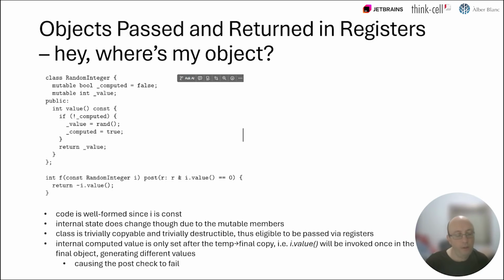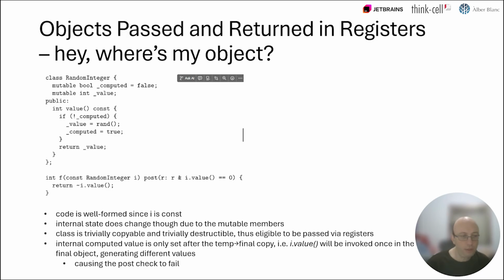So here we have an admittedly exotic, but not quite entirely far-fetched example. We have a class RandomInteger. It has two primitive members and only one function. Now the members are mutable, so the one function, even though it's const, is allowed to mutate them. And since other than that function we have nothing else, this class is trivially copyable, trivially destructible.